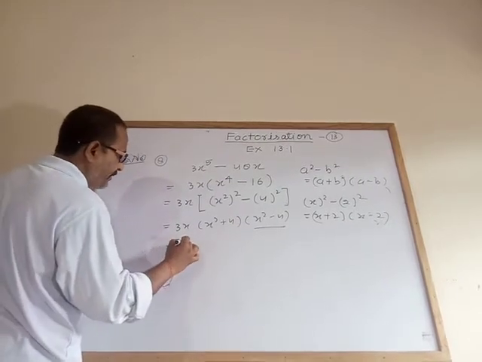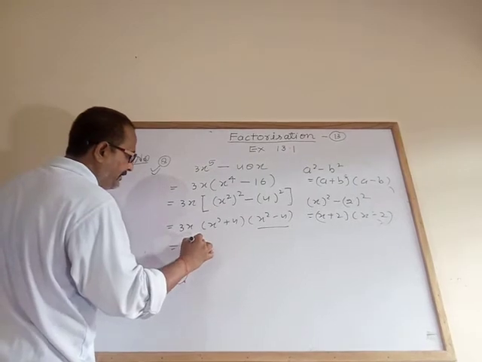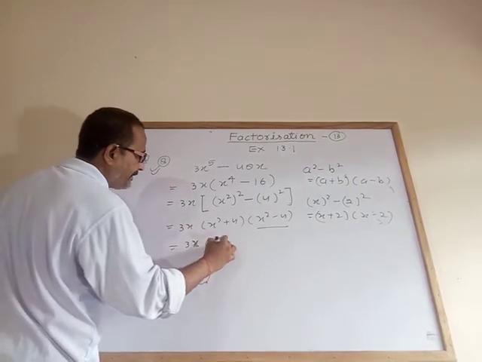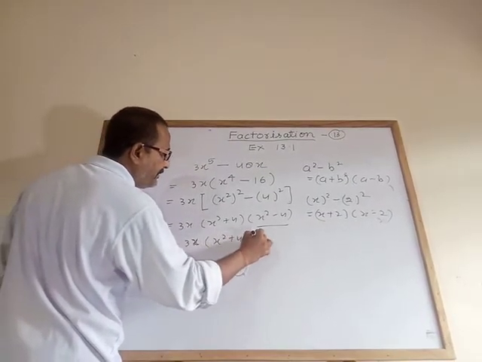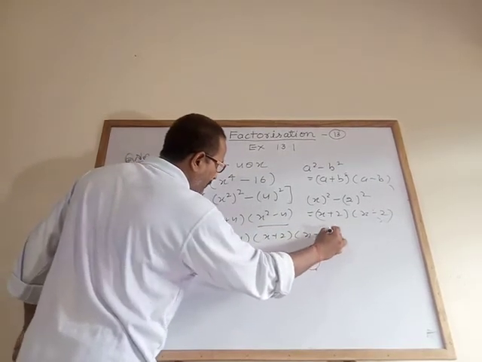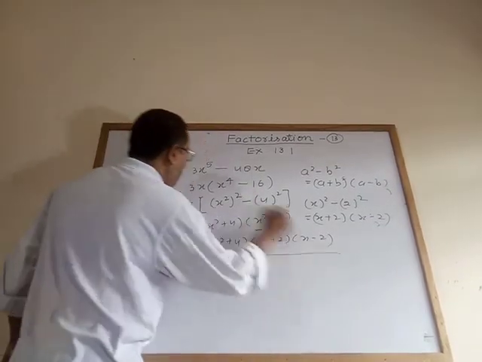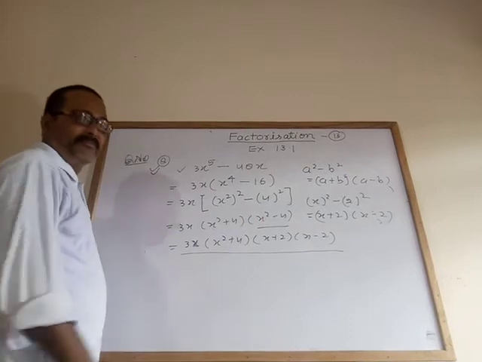Means your factor will be 3x, important question, very good question this one, 3x bracket x square plus 4, in other bracket x plus 2 and x minus 2. So these are the factors of this term.